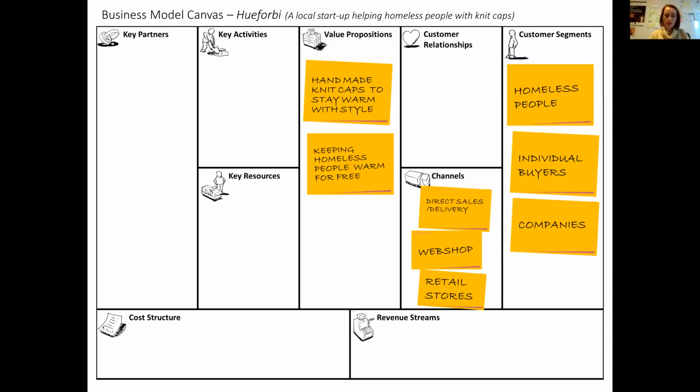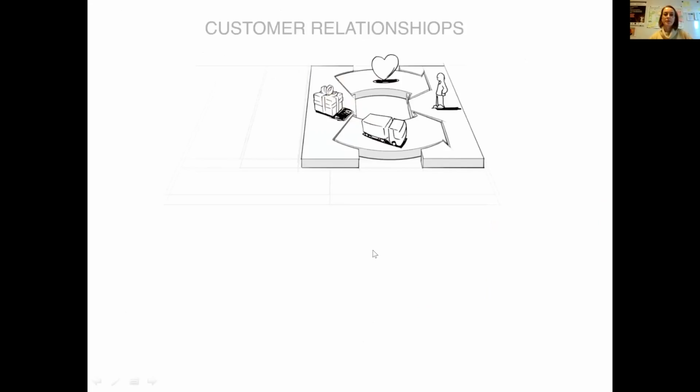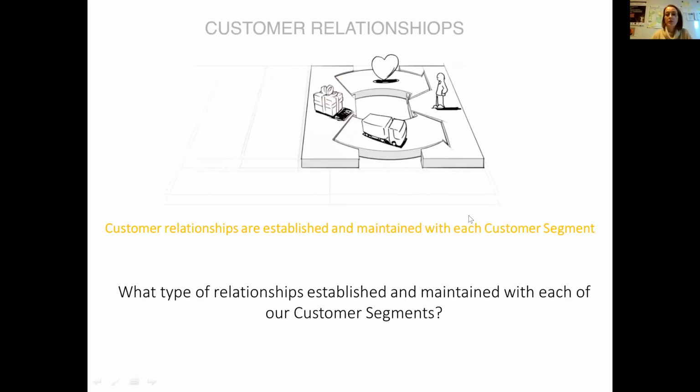So I am going through the customer relationships. Customer relationships basically describes the types of relationships we establish with each of our customer segments. So the basic question here is, what type of relationships are established and maintained with each of our customer segments?